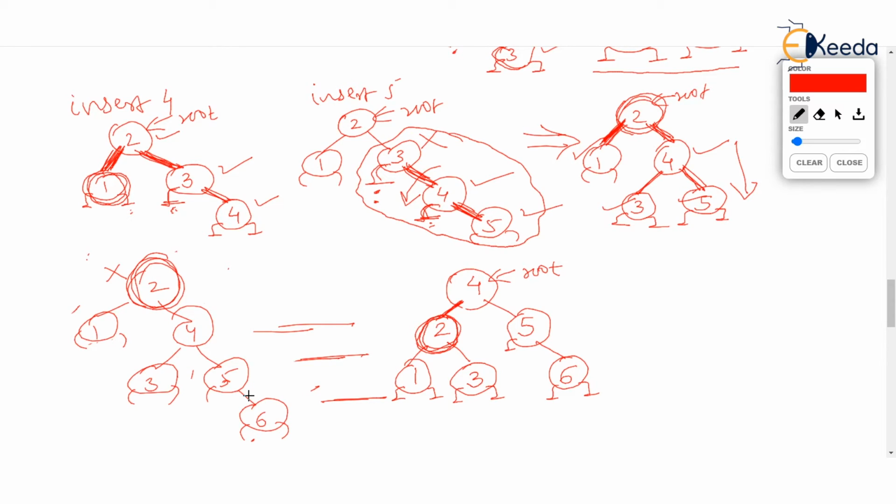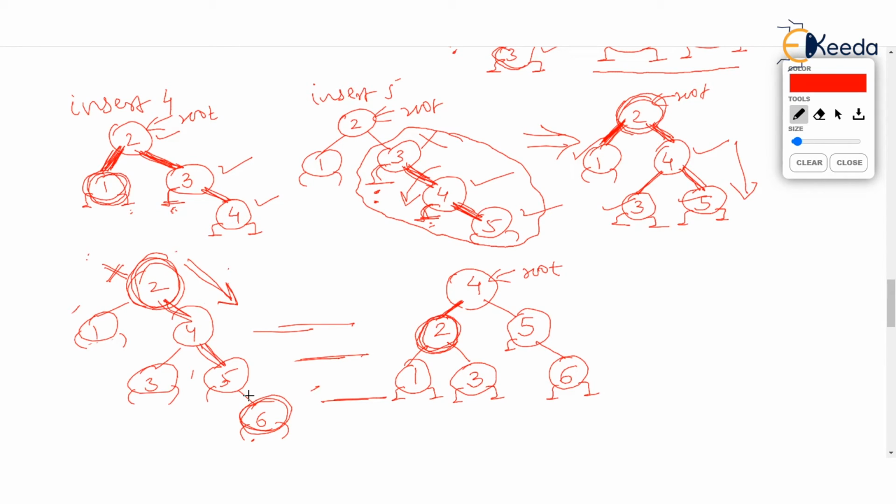So we know that 2 is not balanced, but to check out the case, you just go from 2 towards 6 because 6 is the new node you inserted. So from 2, you go towards 6 and read out loudly what directions you are taking. If you are going from 2 to 6, you will take right and go to 4, and take right and go to 5. So the case is right, right.